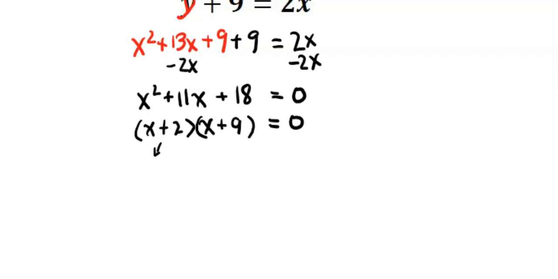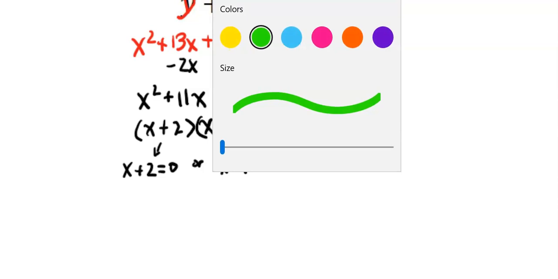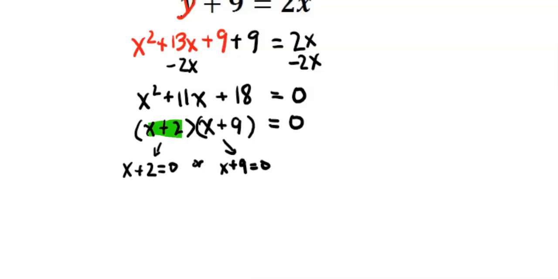On this part of the problem, x plus 2, the part that would make that equal to 0, I'll just go ahead and write x plus 2 equals 0, or x plus 9 equals 0. Remember, you're multiplying these two factors, x plus 2 and x plus 9.